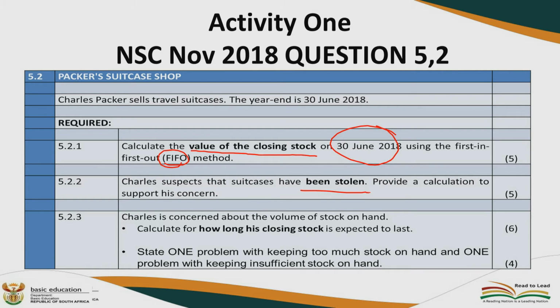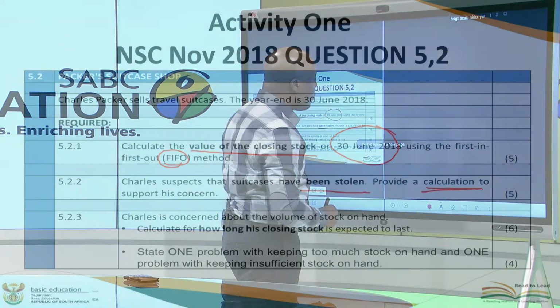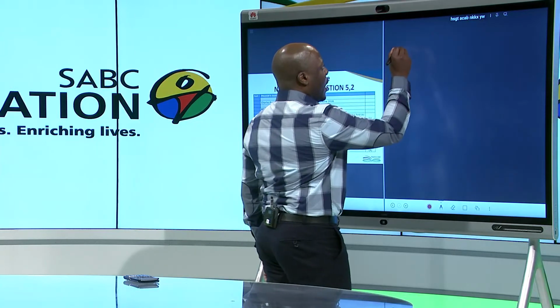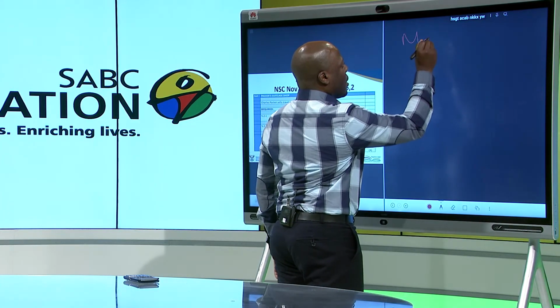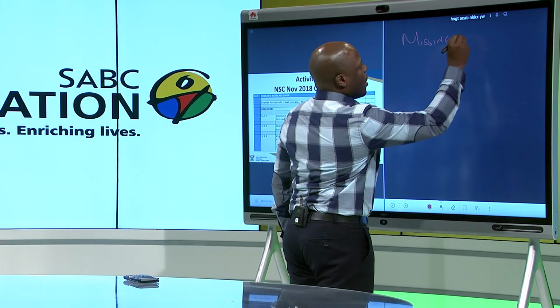Already when the examiner is bringing this idea, they want you to do some particular calculations because they say he suspects that some stock has been stolen. Then they say provide a calculation. So what we need is a calculation. Boys and girls, come with me to the calculation. We want to calculate and find missing stock.